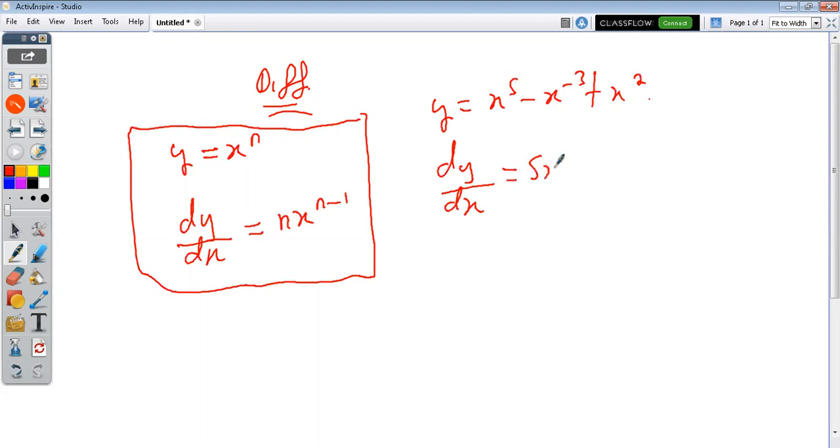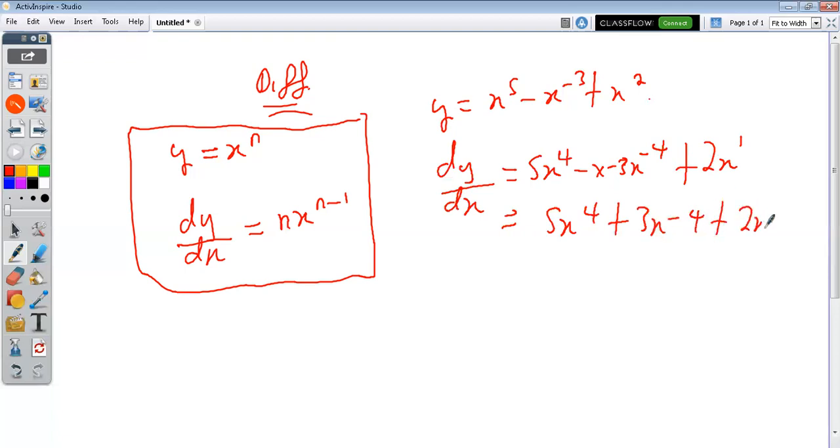That's 5x to the power of 5 minus 1, which is 4, minus multiplied by negative 3, x to the power of minus 3 minus 1, that's minus 4, plus 2x to the power of reduced 1, to the power of 1. So that gives you 5x to the power of 4, that negative, that's a positive 3x to the power of minus 4, plus 2x.